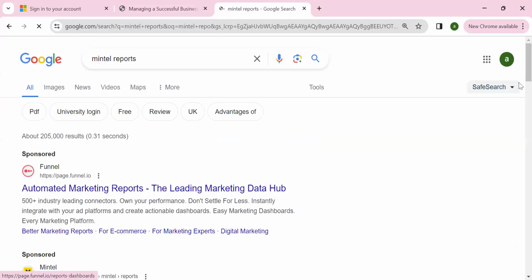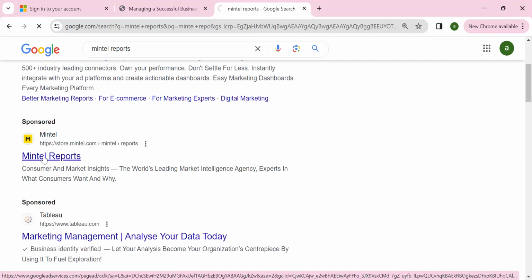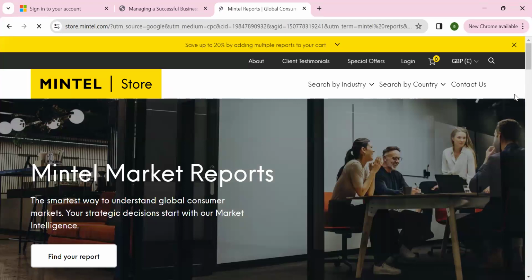To show you some reports: if you're doing something about marketing and consumers, it is quite good to look at the reports called Mintel Reports, which publish a lot on marketing and customers.